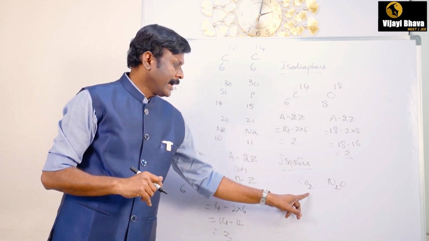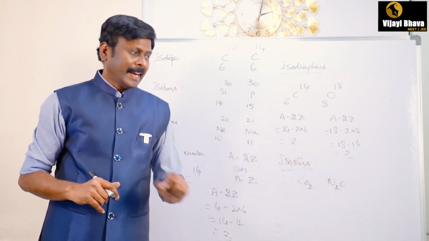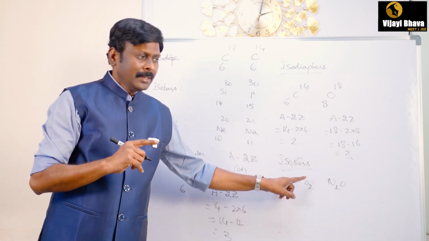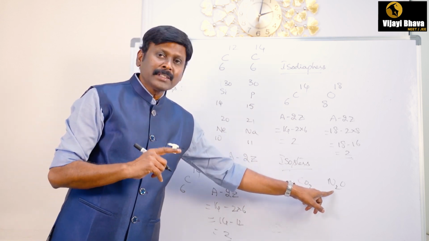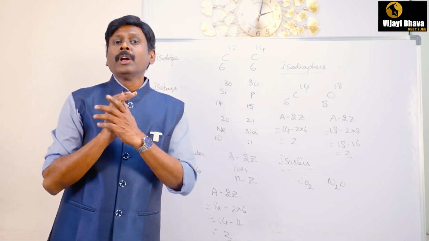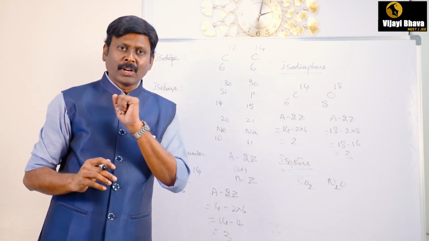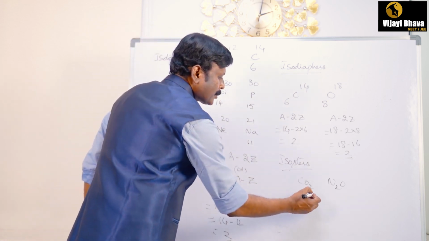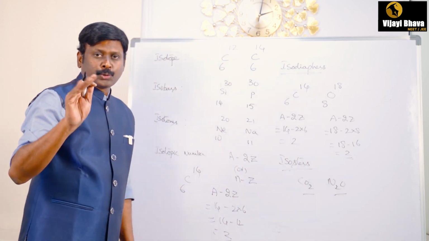So here in carbon dioxide, altogether there are 3 atoms, 1 carbon and 2 oxygens. Even in this nitrous oxide, N2O, we have 2 nitrogens and 1 oxygen. So the number of atoms here and here is 3.